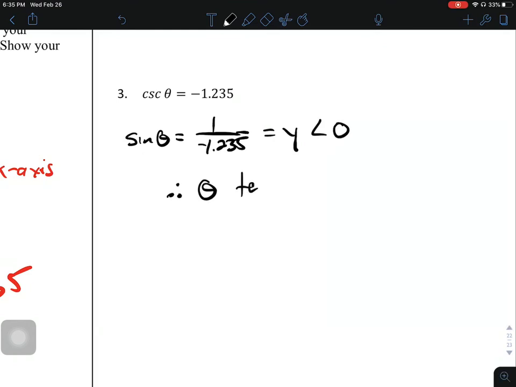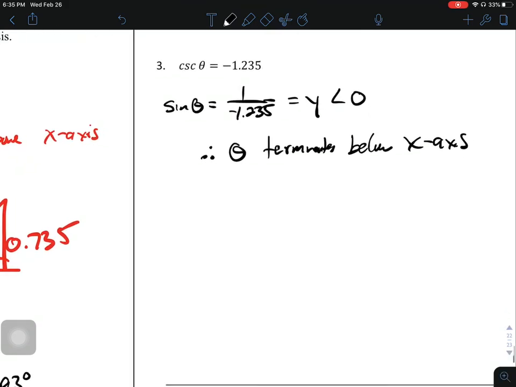Therefore, theta terminates below the x-axis. So when we figure out what theta is, it's going to be cosecant inverse. I'll tell you what, let's use sine. It's going to be sine inverse of this monster.